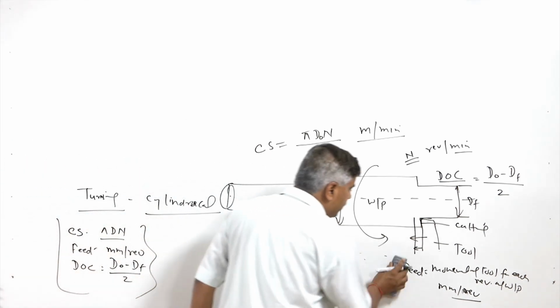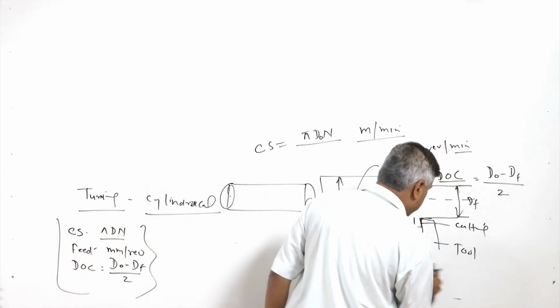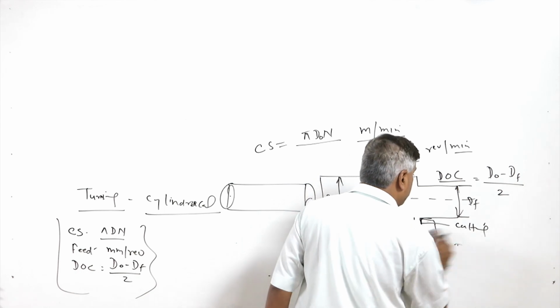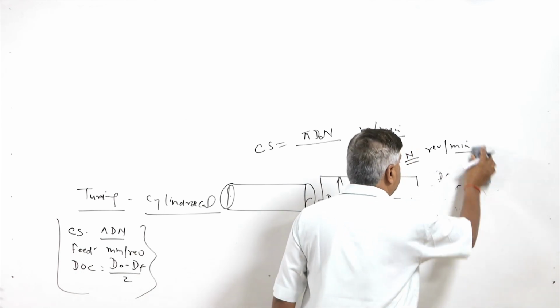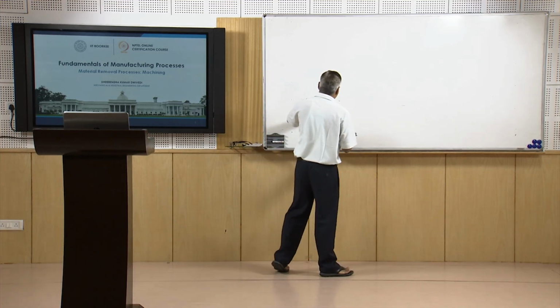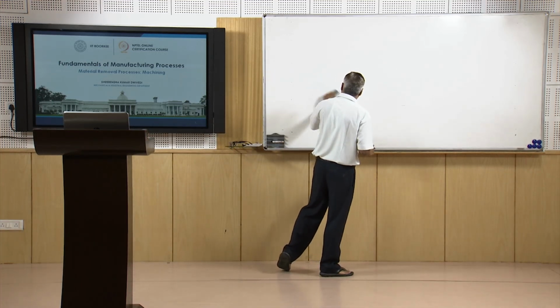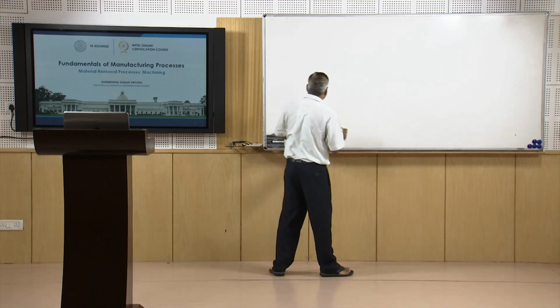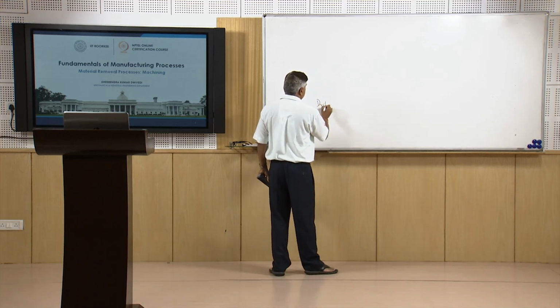Similarly, a variety of combinations of the tool and workpiece can be used for producing a variety of shapes. So, for example, another commonly known process is the drilling process.